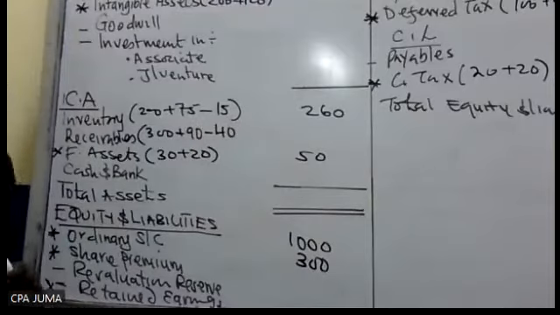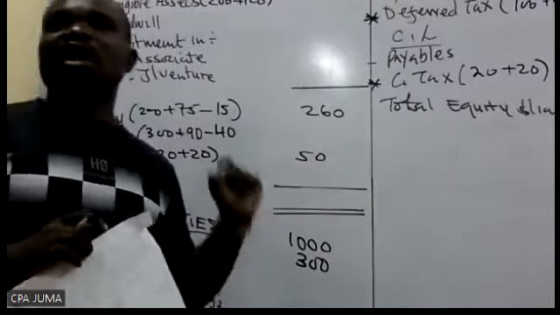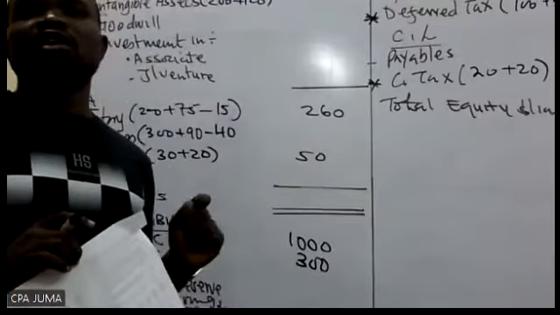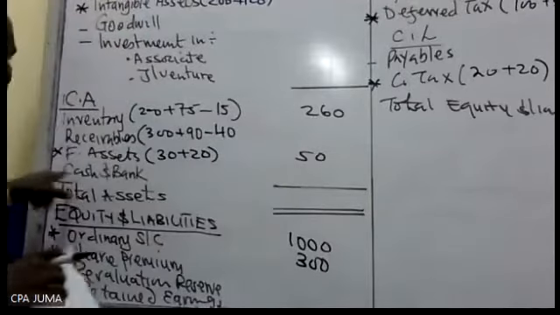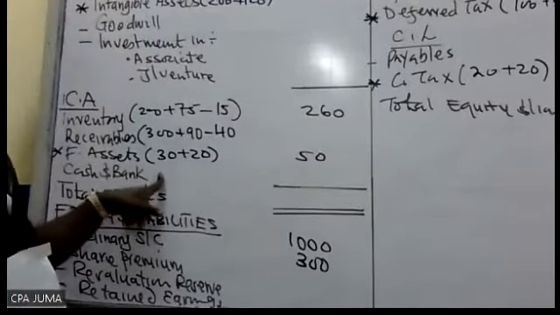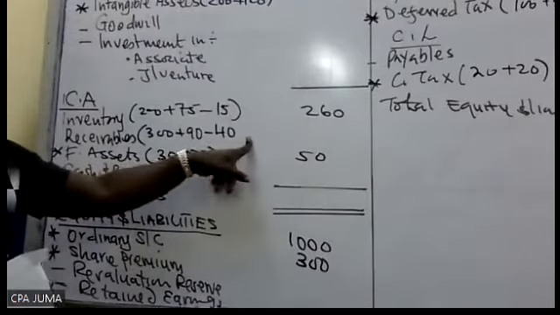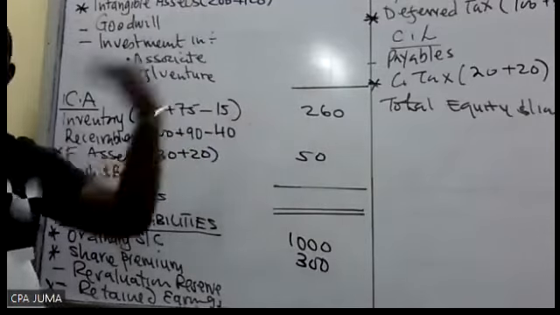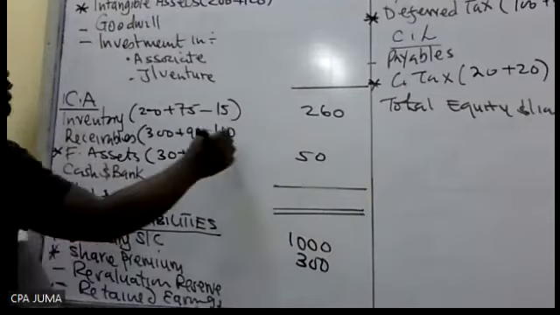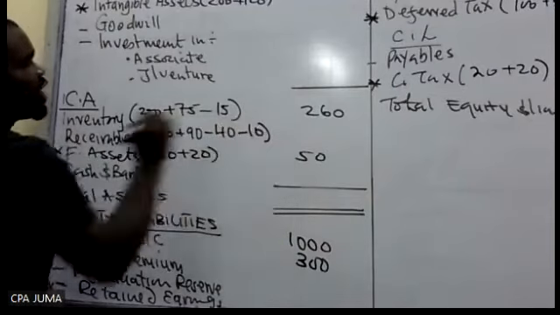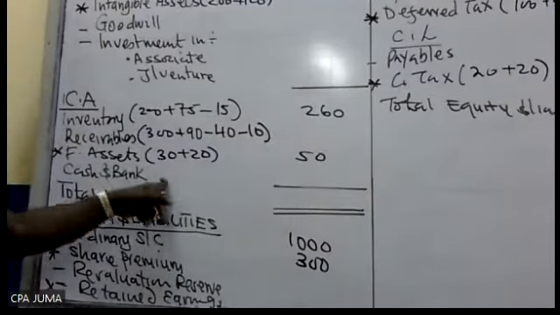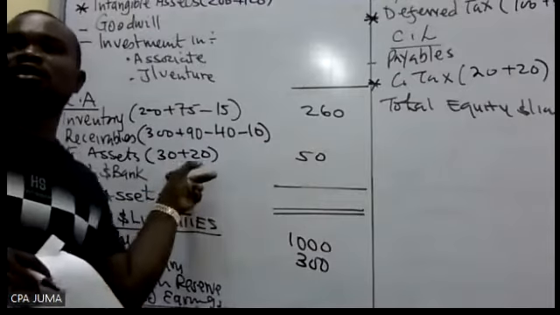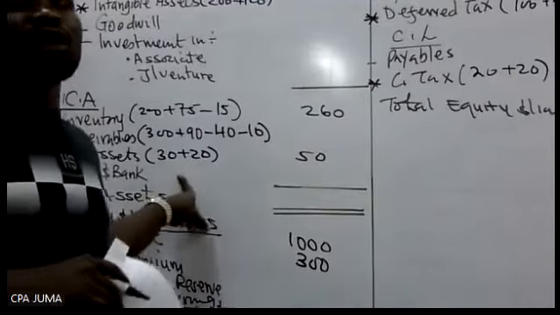But upon receipt, how do you adjust for cash in transit? You add the cash to the cash book, then you subtract from the receivable. You are not claiming that money, because you have already been paid. So reduce the receivable, what you expect to receive, with the cash in transit, then add the cash in transit to cash and bank. That's how we adjust for cash in transit.